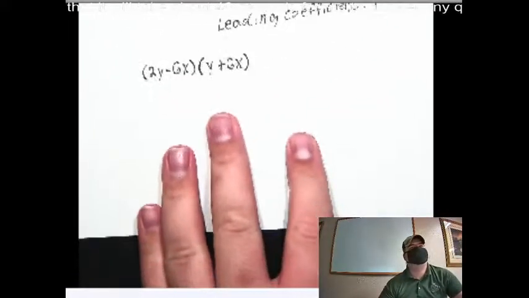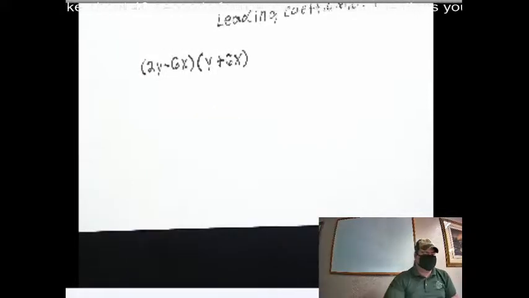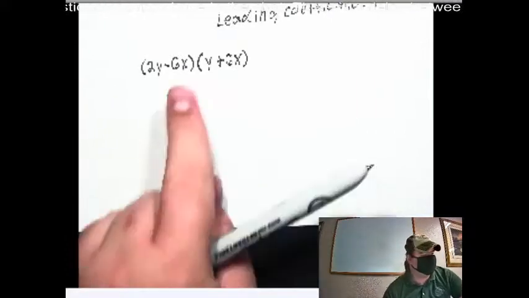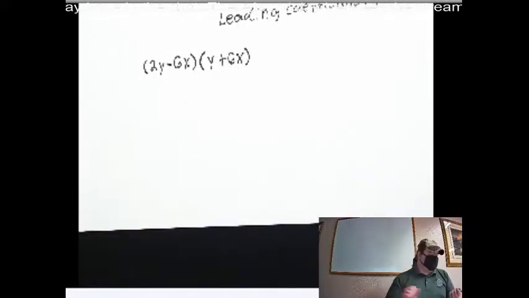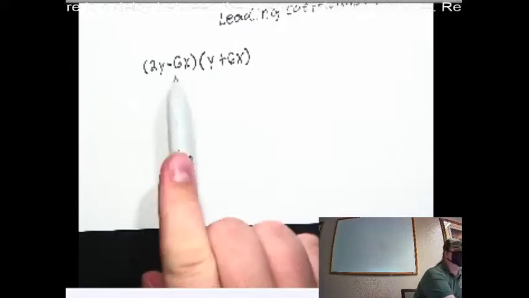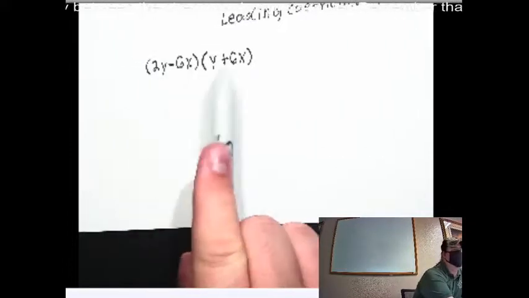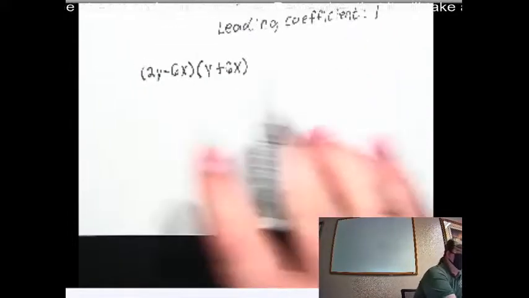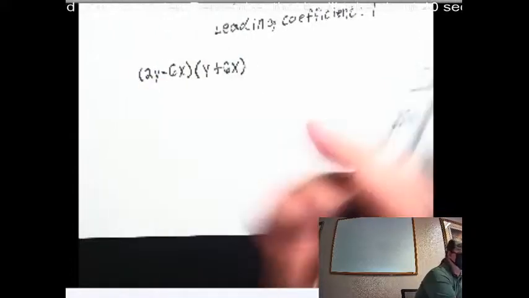Okay? So like it says, we need to multiply these polynomials. And anytime we see parentheses like this, something directly on the outside of parentheses, remember, distribute. So we want to use our distributive property to put this one into this one. So the first thing we can distribute is 2y.